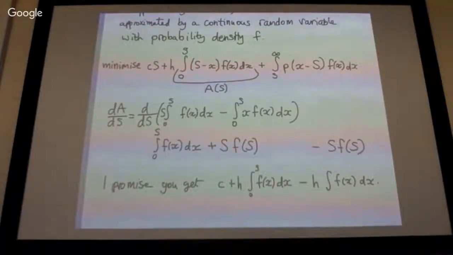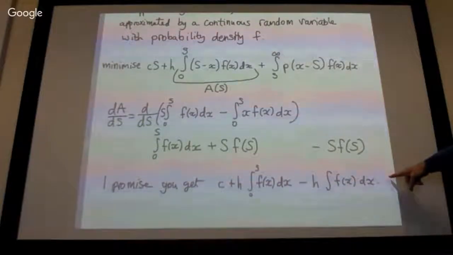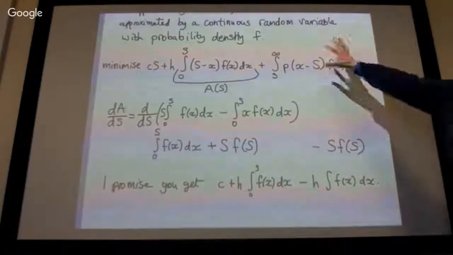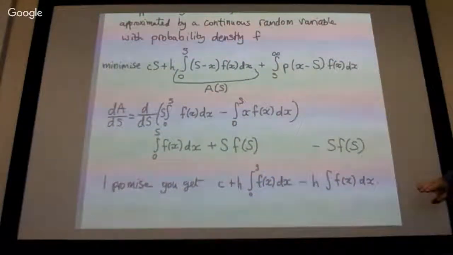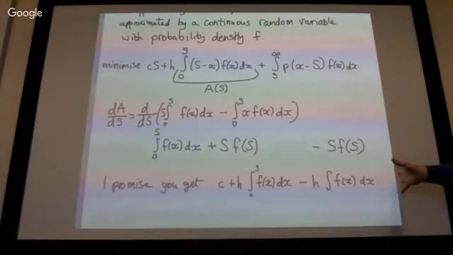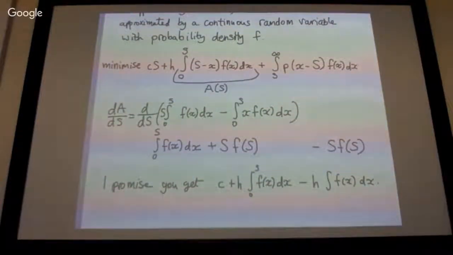The homework is to look at this in the books and see how you differentiate the second bit and see whether this is correct or not. And we'll see this next week. I'm going to finish this next week, and then we'll move on to the next topic. Any questions? All good?